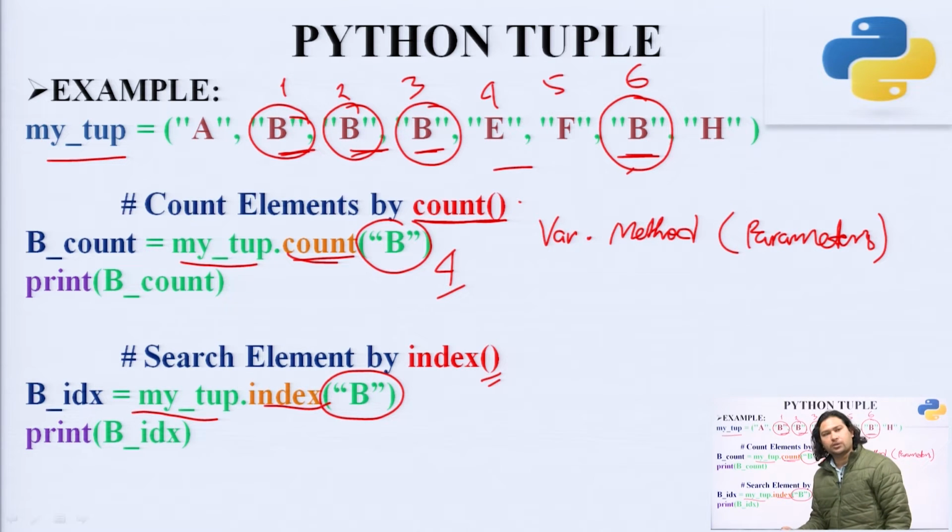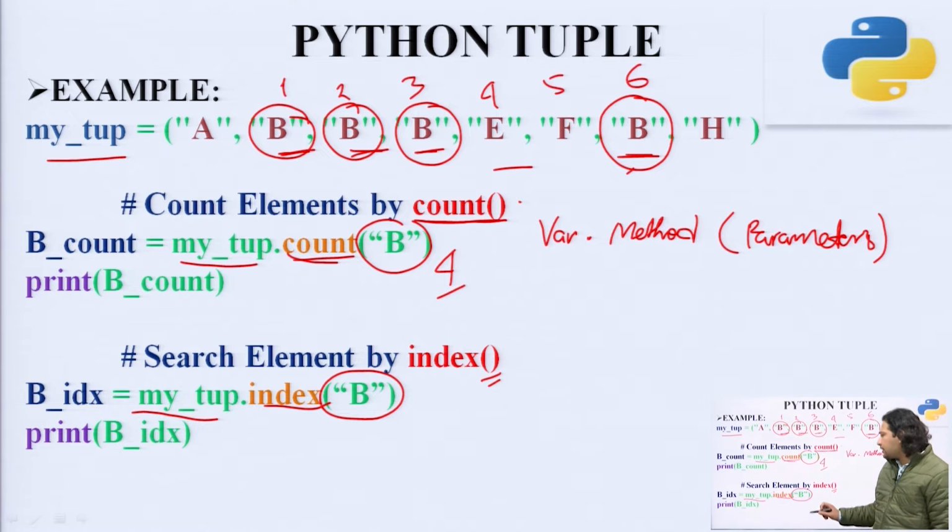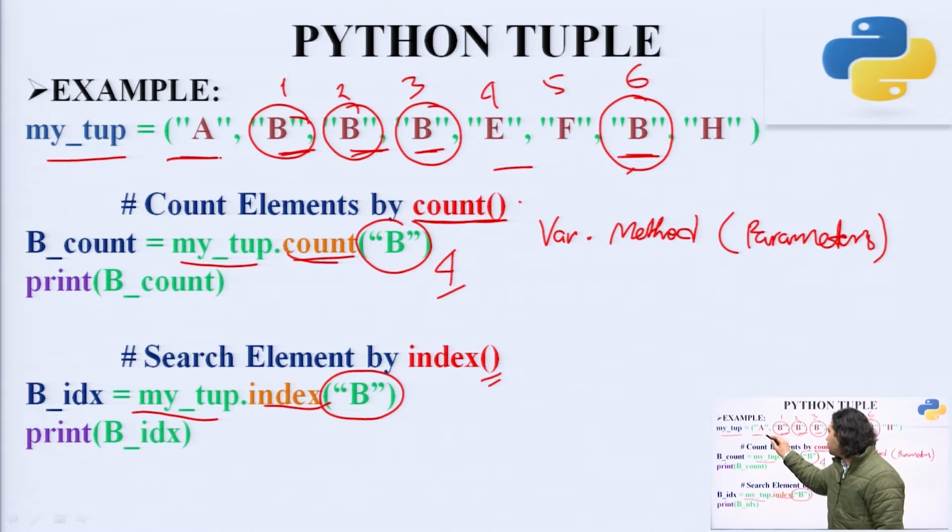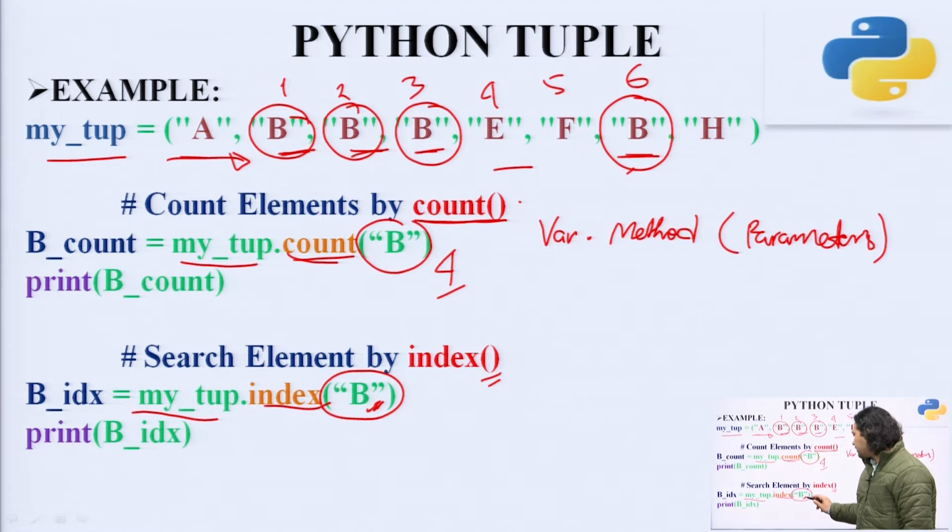One thing must be noted here, that it is a search operation, that means once it is found it will stop right there. The counting starts from 0, and whatever is encountered with the same information, that index number is reflected. Now, in my tuple you can see this B holds the index number 1.